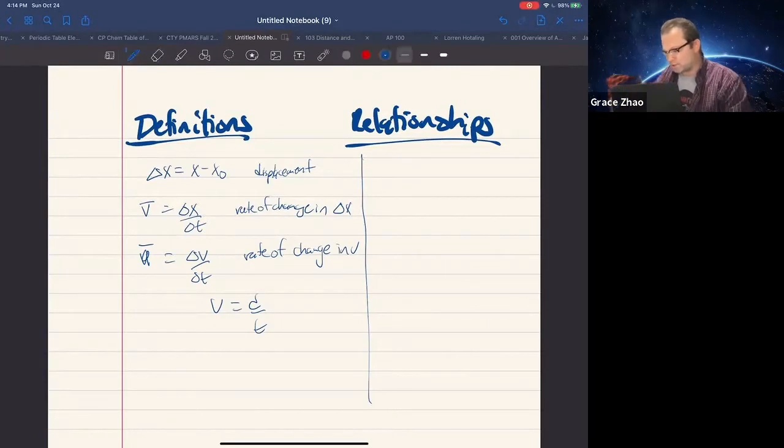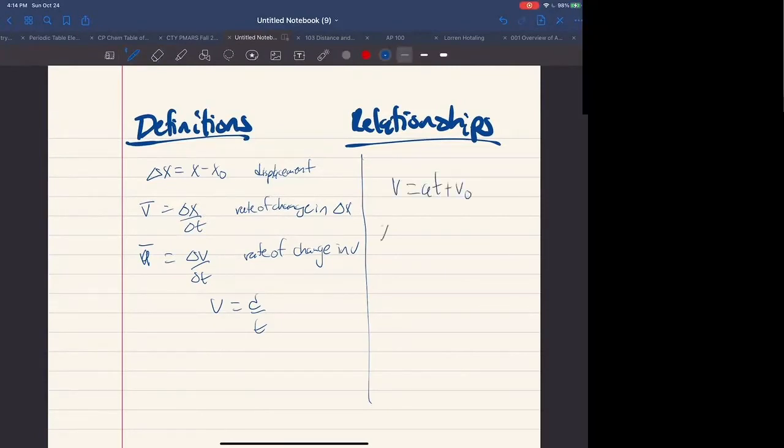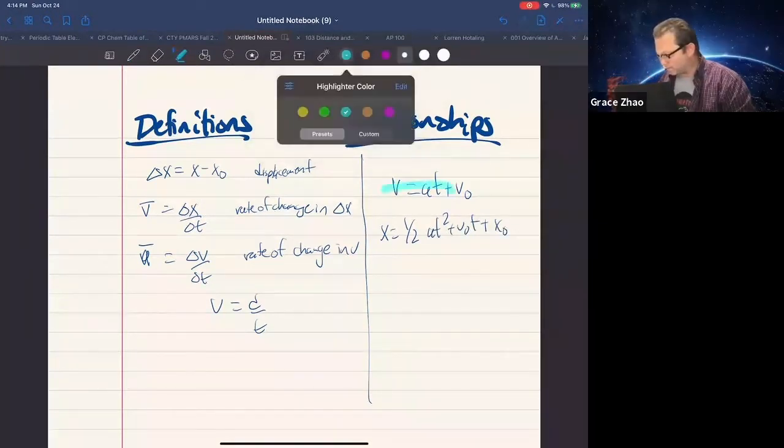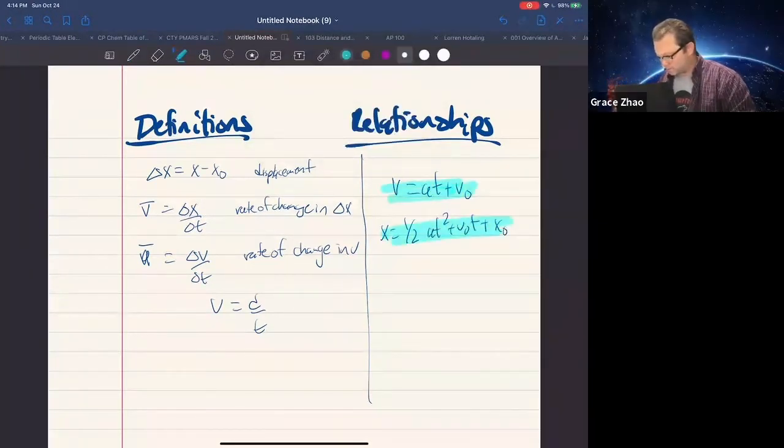And we have our relationships, which are two formulas. It's extremely important that we remember that this one and this one require, oh, I'm gonna give you the other one, which I taught you, you don't really need to ever use.